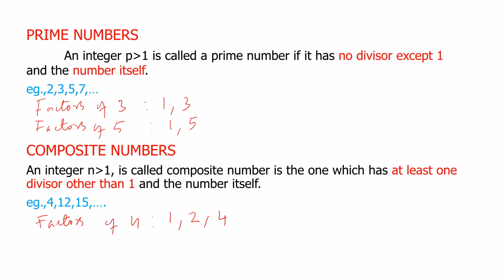So other than 1 and the number, it has another factor also. Similarly, if you write the factors of 15, 1 into 15, then 3 into 5, 5 into 3, and 15 itself. So here also, we can see that it has more than 2 factors. That is why they are called composite numbers.